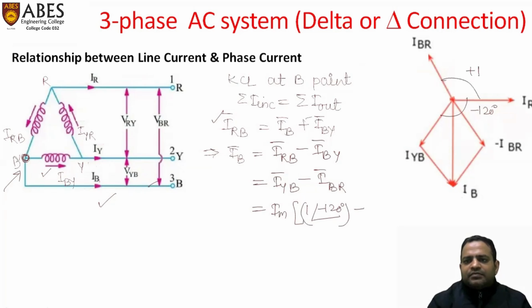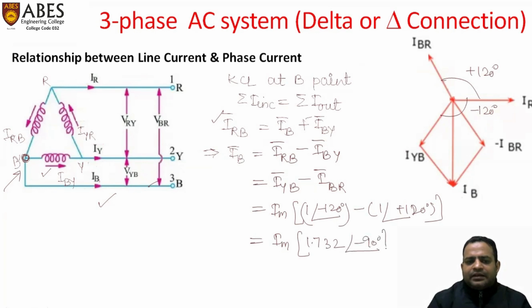Which is plus 120 degree. After calculating these two terms using a calculator, we get 1.732 angle minus 90 degree.